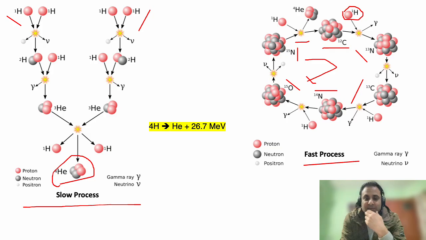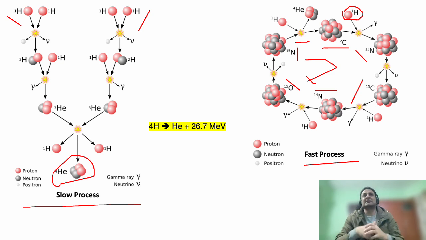Keep in mind that the CNO elements are made in the first place only in massive stars. If the initial mass of the star is very high, then when the carbon, nitrogen and oxygen are formed, they help the hydrogen fuse much faster.